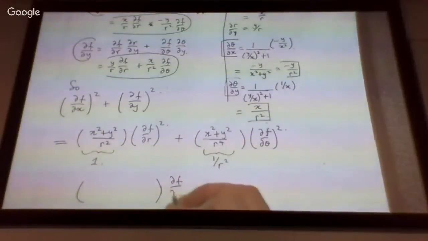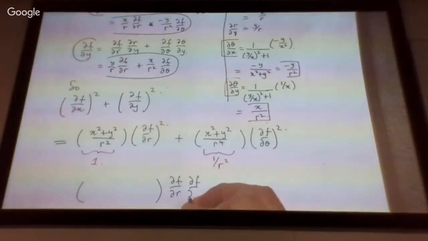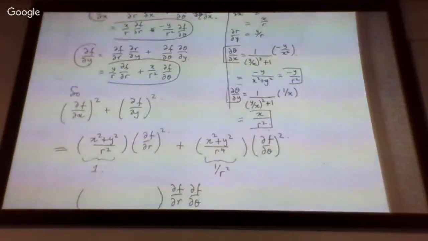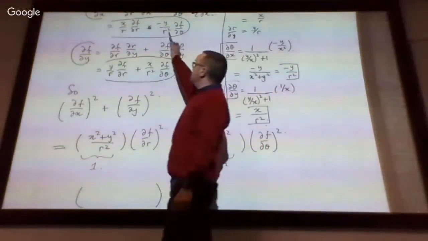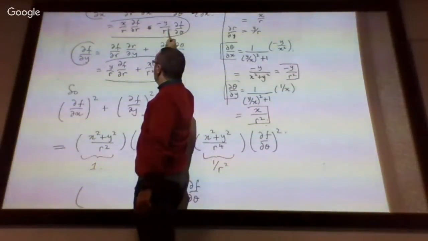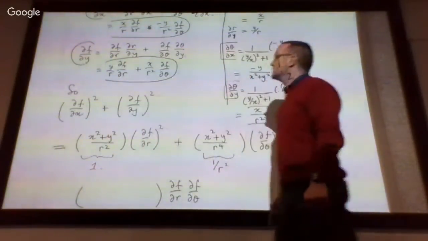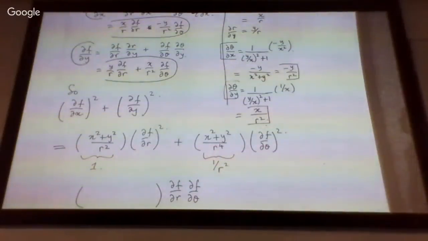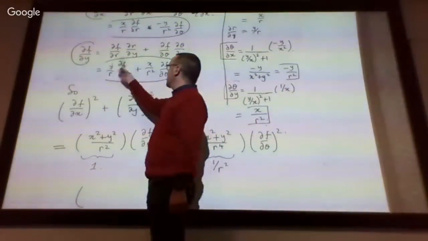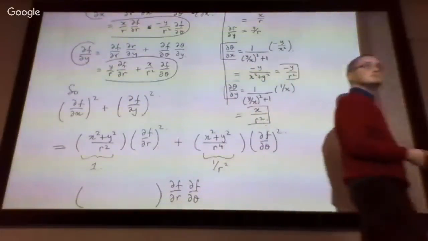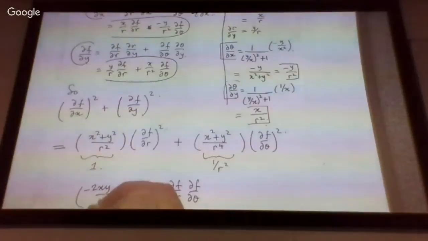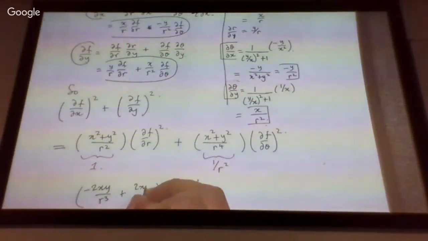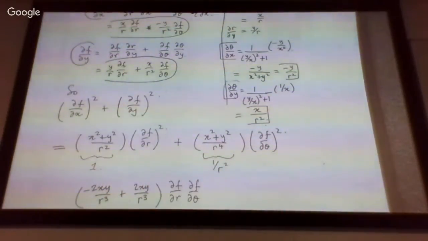which are the products df dr times df d theta. So how many of those do we have? If we square this expression, we get minus 2 times xy over r cubed plus 2 times xy over r cubed. So that's going to cancel. Minus 2xy over r cubed plus 2xy over r cubed has a much nicer name, namely 0.